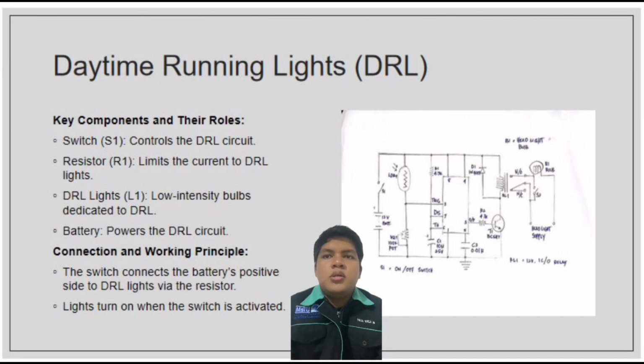And lastly, battery: powers the DRL circuit. Connection and working principle: the switch connects the battery positive side to the DRL lights via the resistor. Second, the lights turn on when the switch is activated.